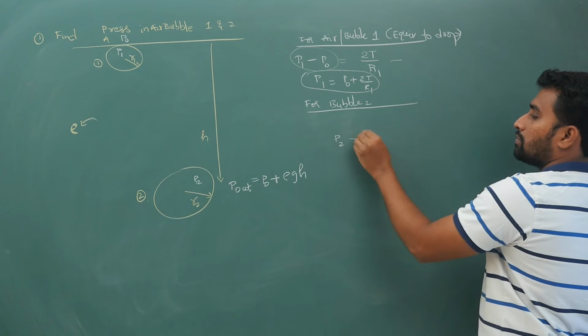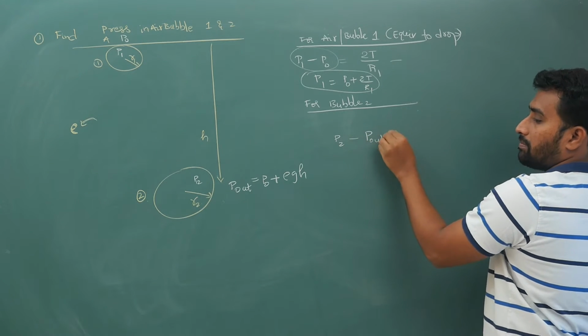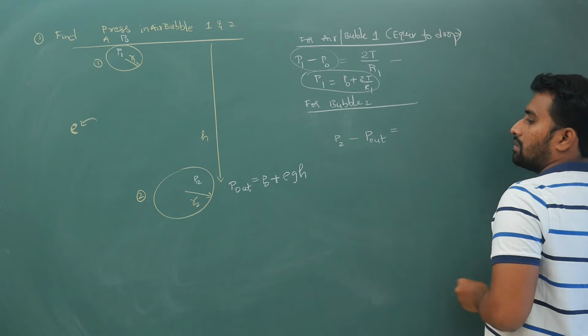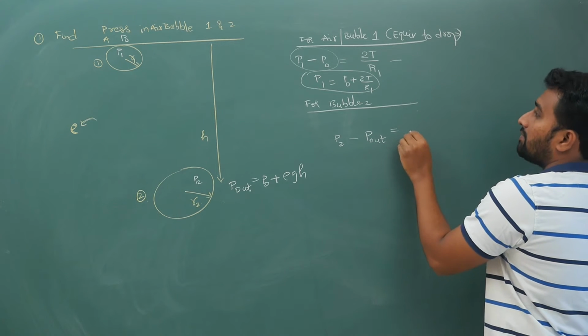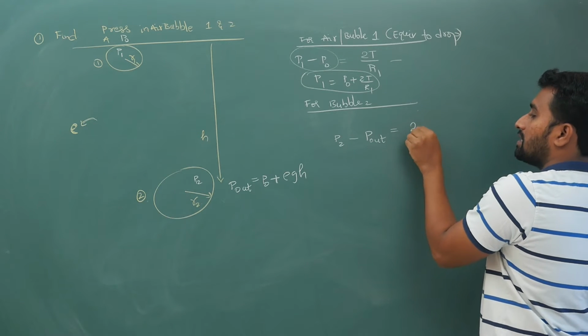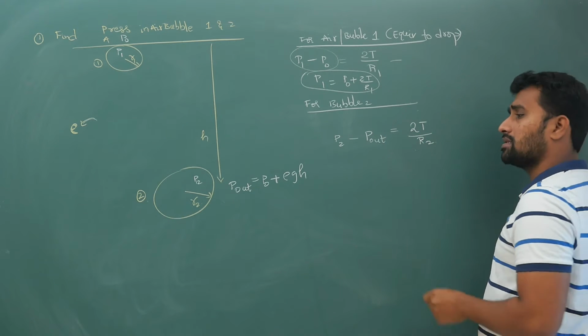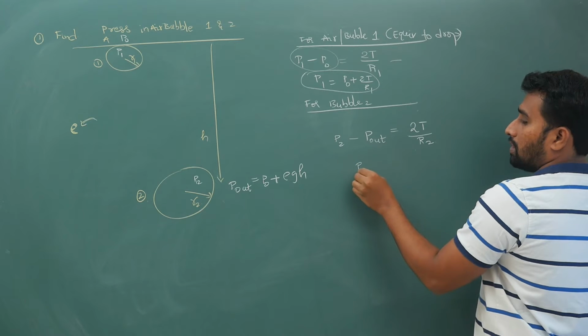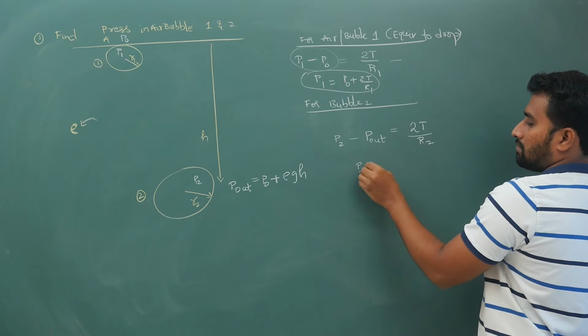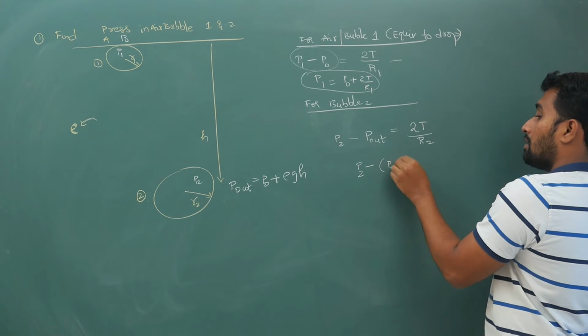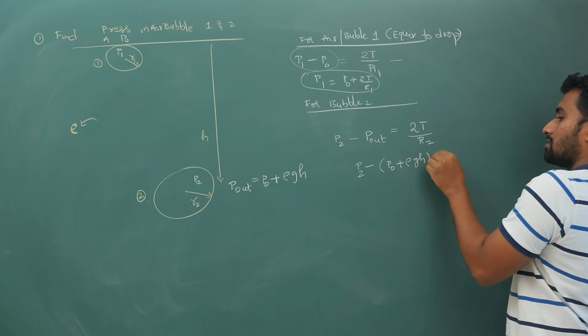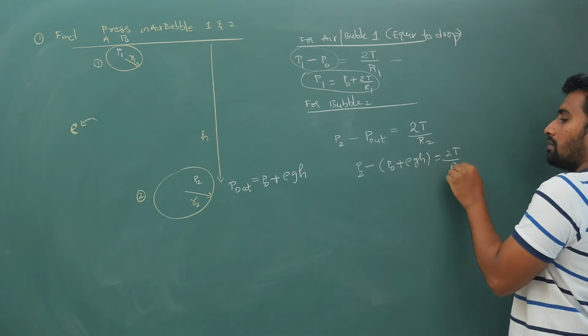Next, your P2 minus P out. P2 minus P out is equal to, your second value, still 2T by R2. Radius is R2. So P2 minus P0 minus rho g h is equal to 2T by R2.